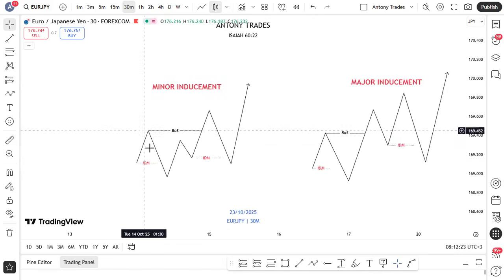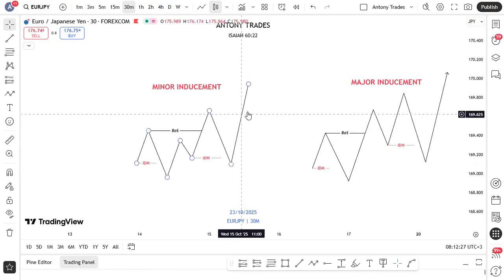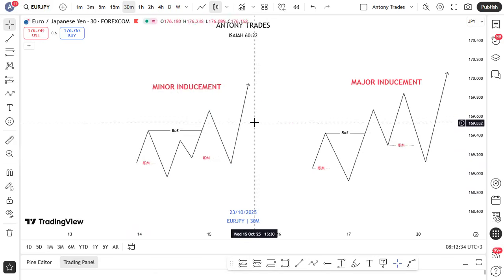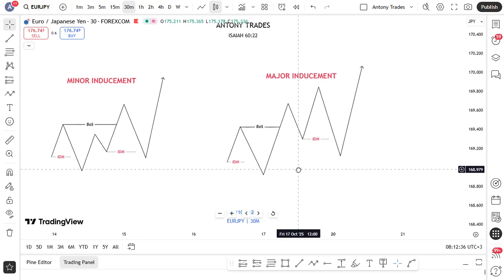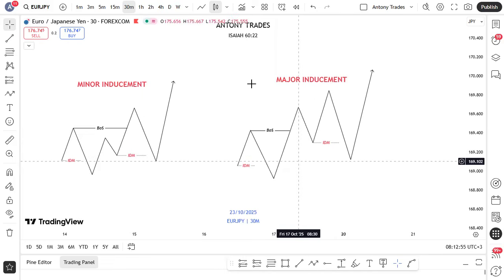Remember here, this is our swing low, this is our swing high, swing low, swing high. That is the external structure. But whatever is inside, we call it the fractal structure, or the internal structure. Now, I believe you have understood the difference between the minor inducement and the major inducement. Now, I'm going to take you to the charts and see some examples of both minor inducement and major inducement scenarios.